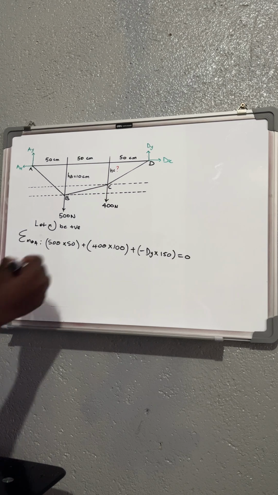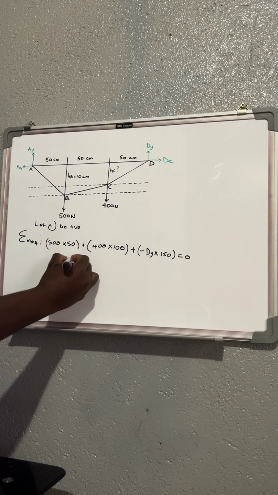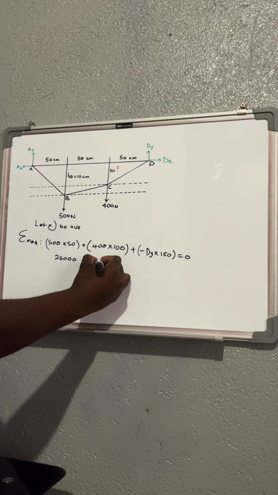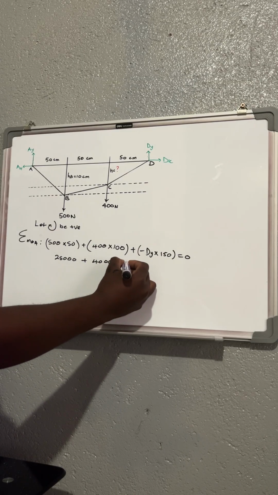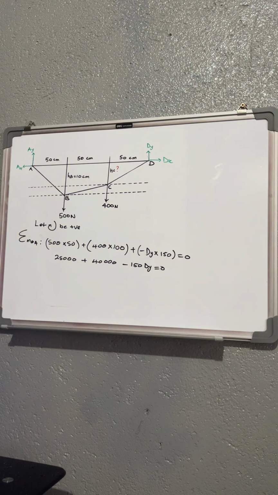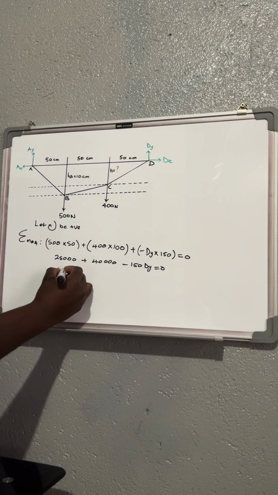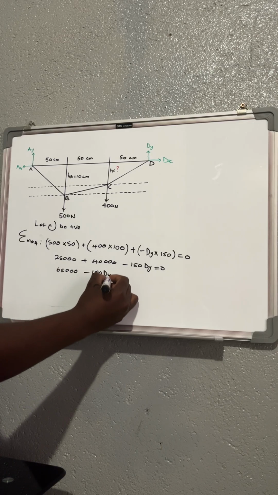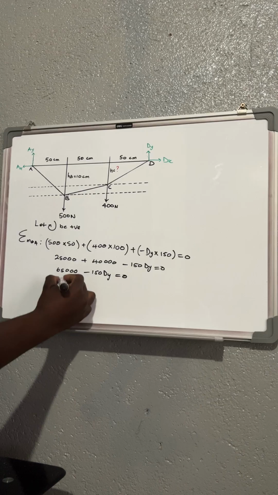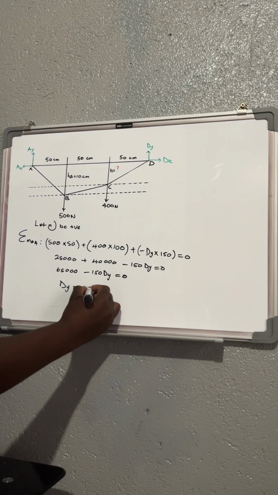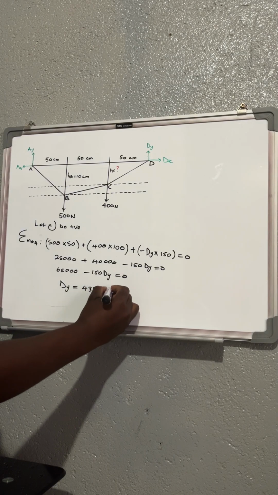So we're going to get 25,000 plus 40,000 minus 150 DY. So we're going to say this one would be equal to 65,000 minus 150 DY is equal to 0. Then you know your DY would be equal to 433.3 Newton.